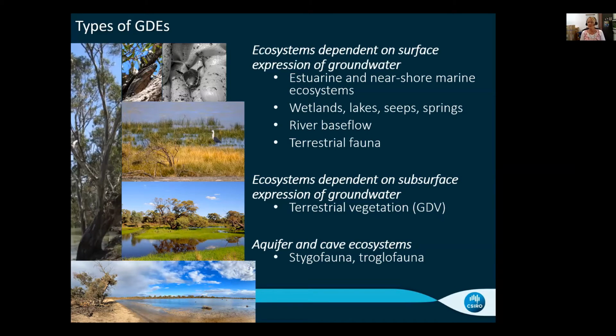But there are also ecosystems dependent on subsurface expression of groundwater, and this includes terrestrial vegetation, and often you might see in the literature we refer to these as GDEs, or groundwater-dependent vegetation. And then, of course, we also have aquifer and cave ecosystems such as stygofauna and troglofauna. As you'll see, some of the photos I've shown today are trying to demonstrate different types of groundwater-dependent ecosystems or groundwater-dependent vegetation.